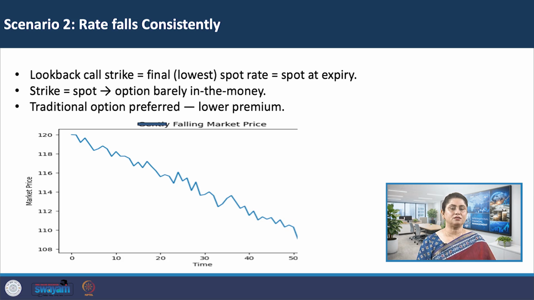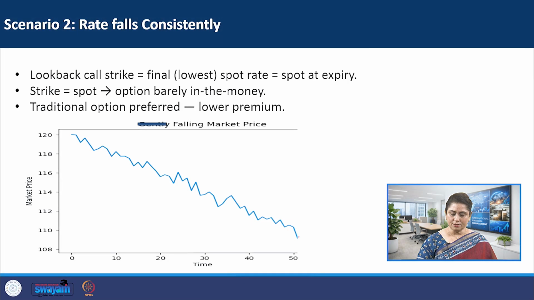Now compare this with a traditional call having a strike price, say K, higher than the final spot price. Since the price has fallen, the option expires out of the money and also gives 0 payoff. Now if we see here, this is going to be the strike price for the lookback call option.